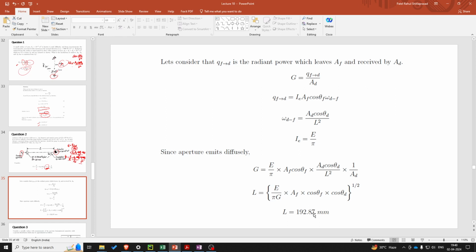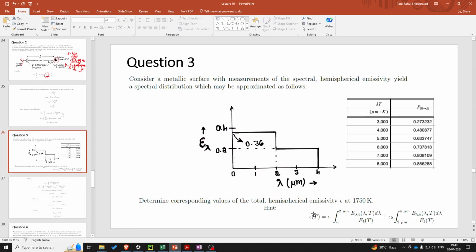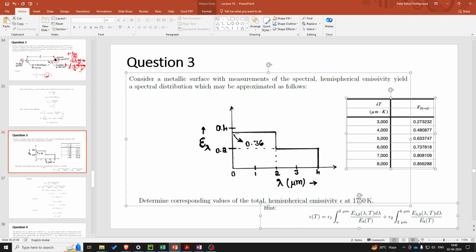So now let's move on to the next question. The questions related to radiation are fairly straightforward, whereby we don't have to do many calculations.